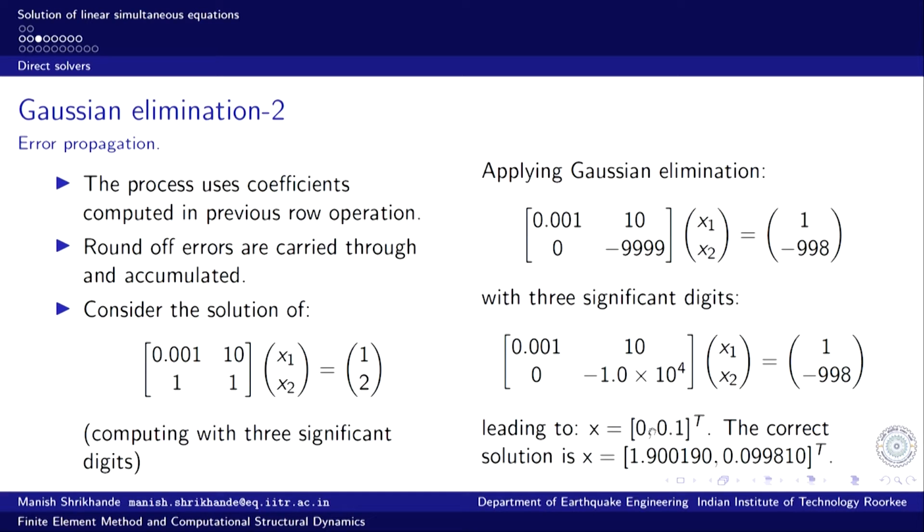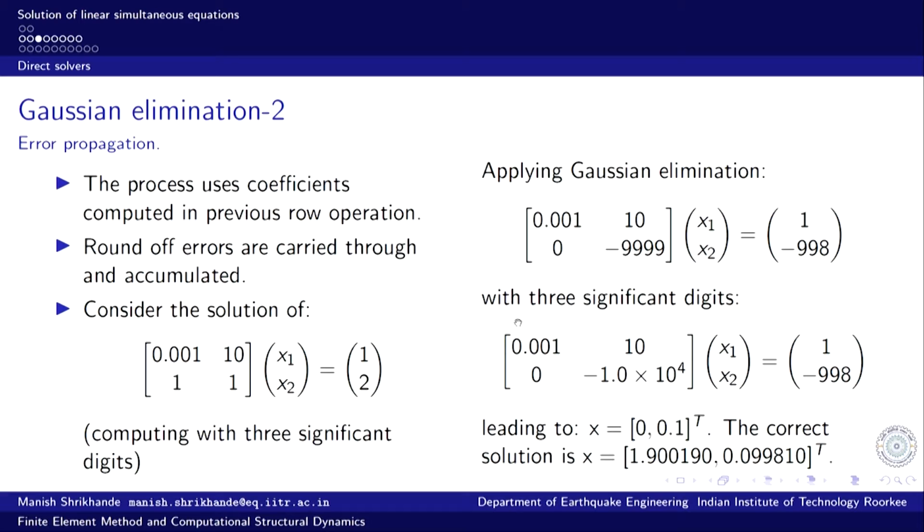So, the solution that we compute is 0 and 0.1, whereas the correct solution is 1.9 some terms and 0.0998. 0.1 is a reasonably good approximation to 0.0998, but this round-off result for x2 leads to a completely wrong answer for x1.